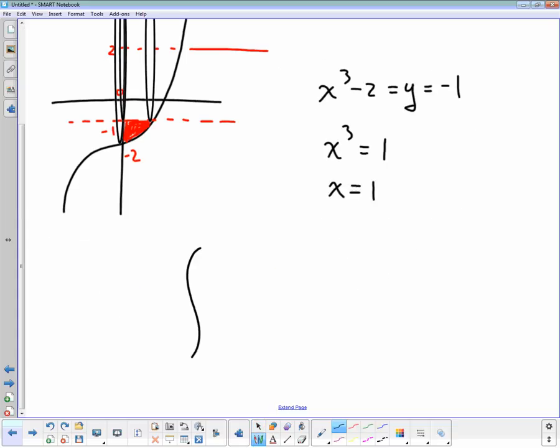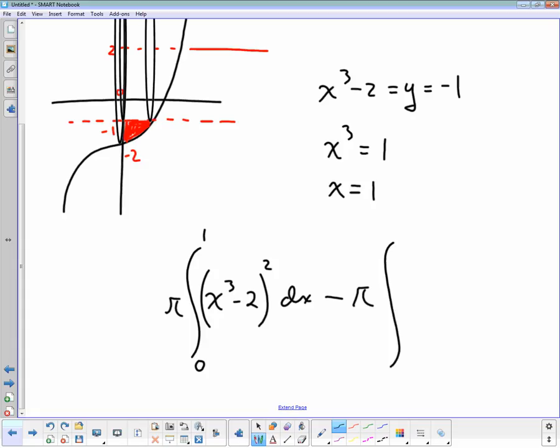The outer disk, which is x cubed minus 2, and it's going from 0 to 1. And I'm going to subtract off the inner disk.